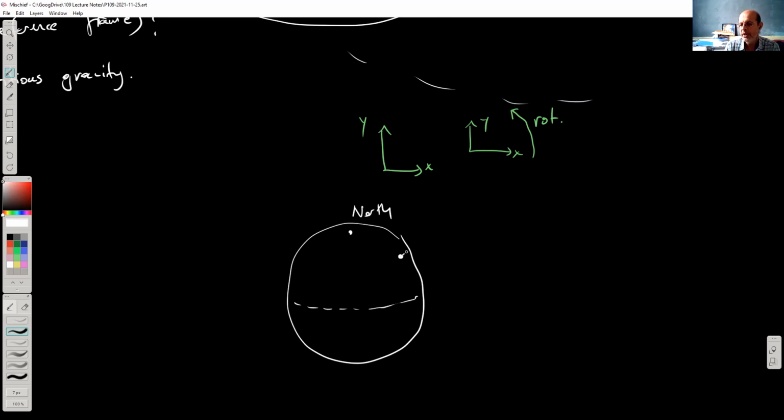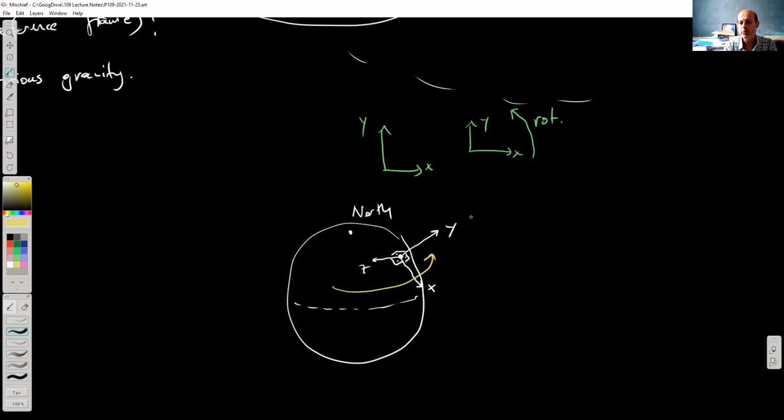We will be choosing our y-axis pointing upward. Let's say that the x-axis is like that, and therefore the z-axis will be pointing like this, because this has to be a right-handed frame. So when we go around this axis of the Earth, these directions also change.